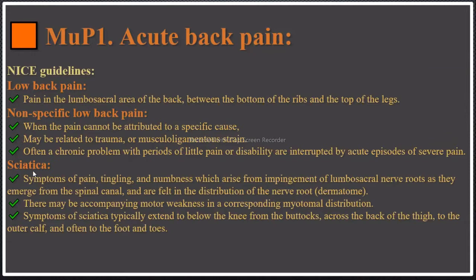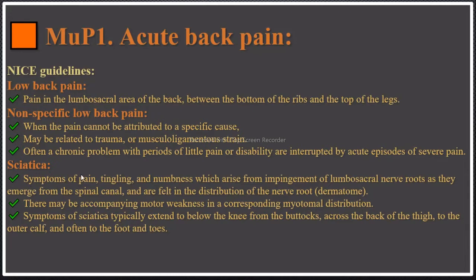Sciatica, we have sciatica and Cauda Equina syndrome. Of course, Cauda Equina syndrome has specific symptoms we will discuss now. Otherwise, it's sciatica. Sciatica is sometimes unilateral, sometimes bilateral. Don't think if the patient has bilateral symptoms, it's Cauda Equina. Maybe it's sciatica, bilateral sciatica, okay?